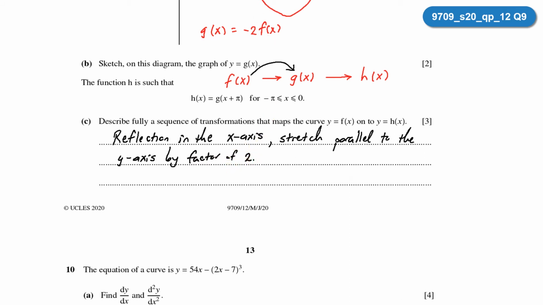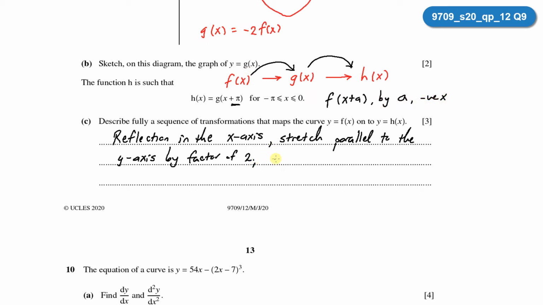And then here, from g of x to h of x, we hear that h of x is g of x plus pi. Now the plus pi here is a constant inside the bracket, so we know that f of x plus a represents a translation parallel to the x-axis by a units in the negative x direction.